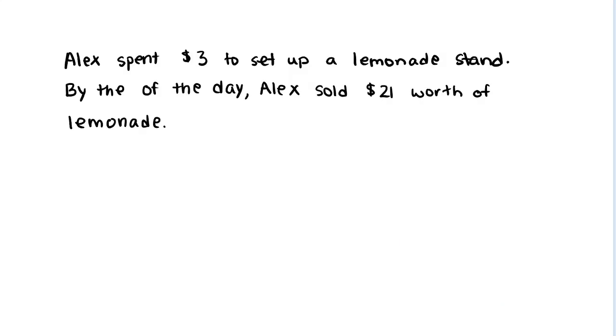So let's take a look at one last example. Here, this is a financial example. It says that Alex spent $3 to set up a lemonade stand, and by the end of the day, Alex sold $21 worth of lemonade. So there's some language I like to introduce. Alex sold lemonade and pulled in a total amount of $21.